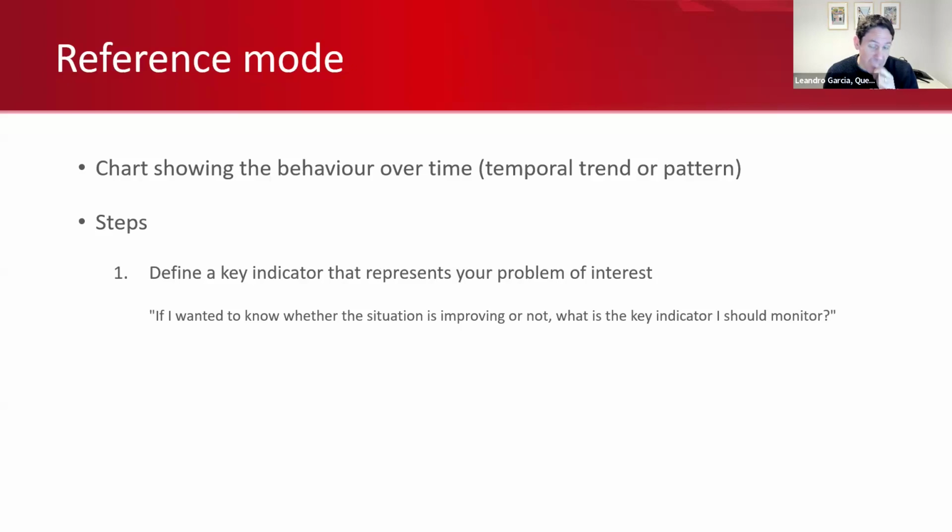The reason is that in the next steps, we need to list the variables and the structure that contribute to the changes, or not, of that key indicator. So if you have multiple key indicators, you might end up with a much bigger system or causal diagram than necessary, or even intelligible at some point.